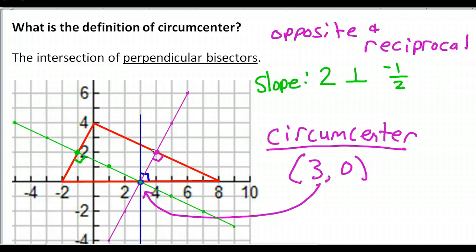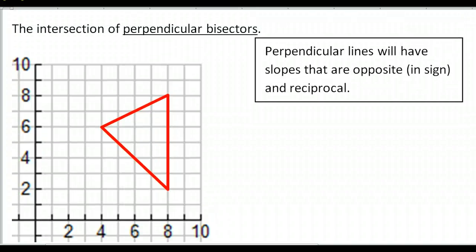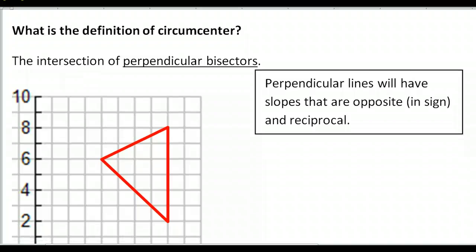I'm going to do one more example, but it's just going to be a repetition of the same thing. So if you feel like you understand, you can stop watching now. Okay, let's do one more example using this triangle right here. Remember, our goal is to find the circumcenter.